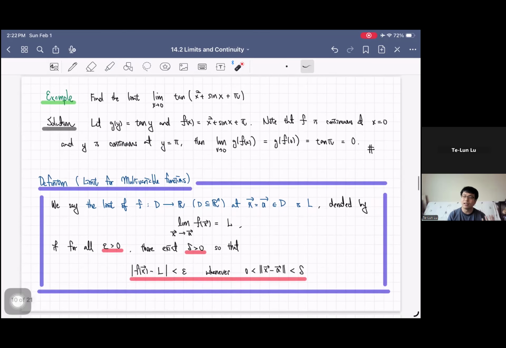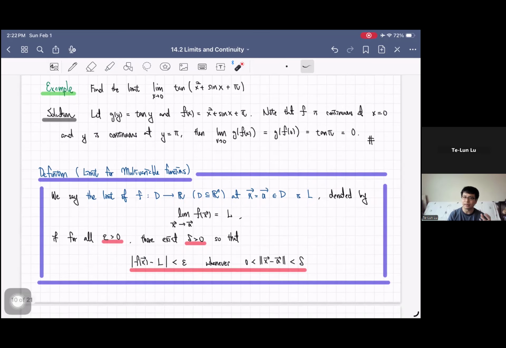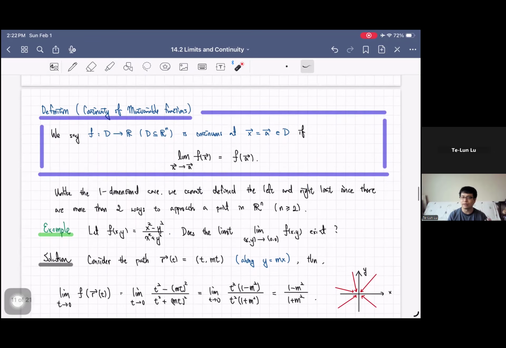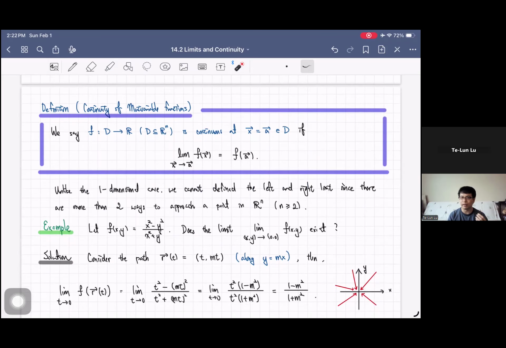Let us go through what we have done in this video. First of all, we have defined the limit for a multivariable function, which is actually the same in the delta-epsilon sense as for a single variable function. We have a natural extension of continuity, which is when the limit coincides with the function value.